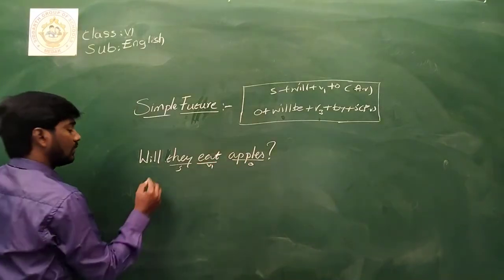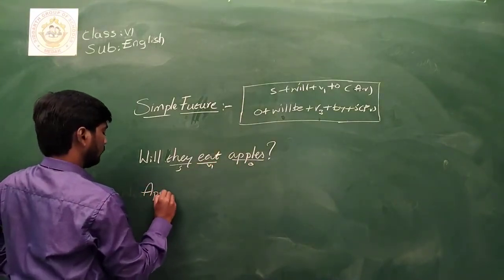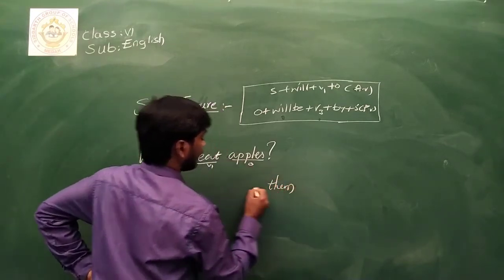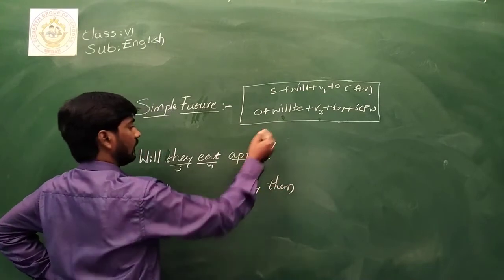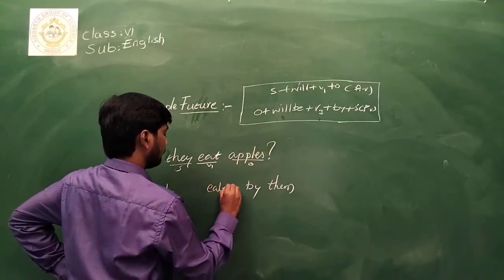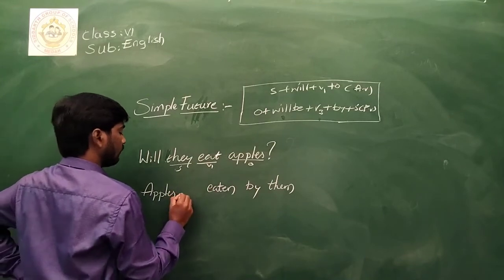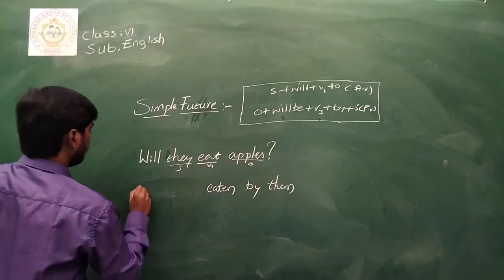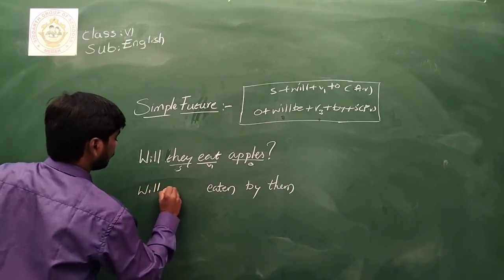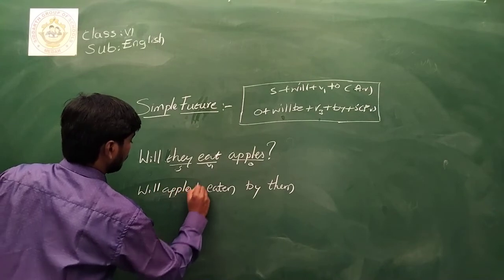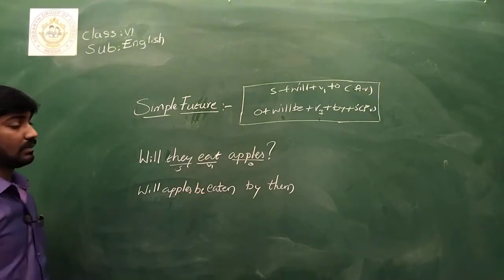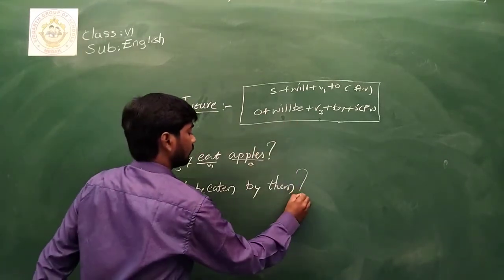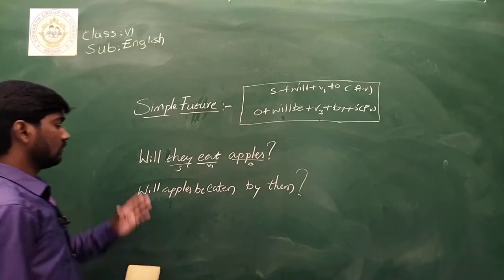Subject, object, place. Apples. Them. Rule number 2, by. Next V3: eat, ate, eaten. Will be. But what is this question form? So, will apples be eaten by them? Finished. Okay?